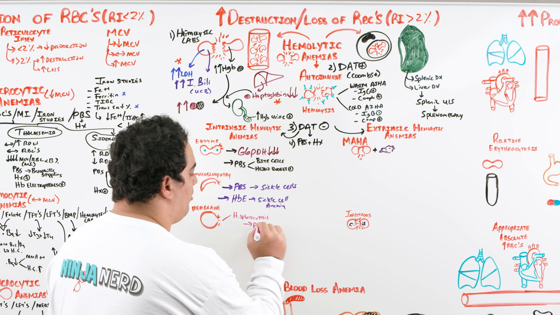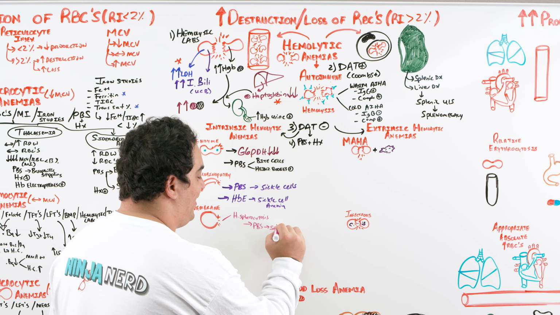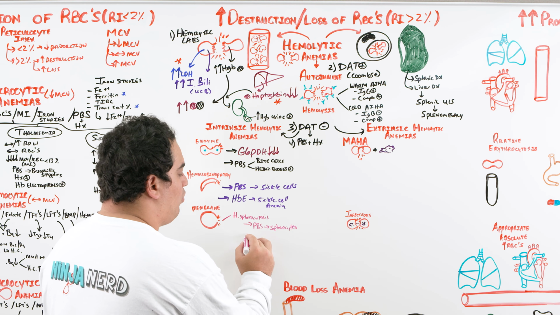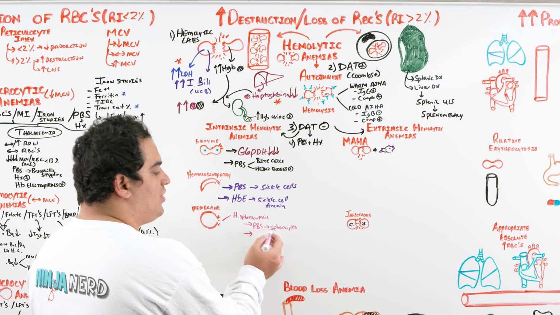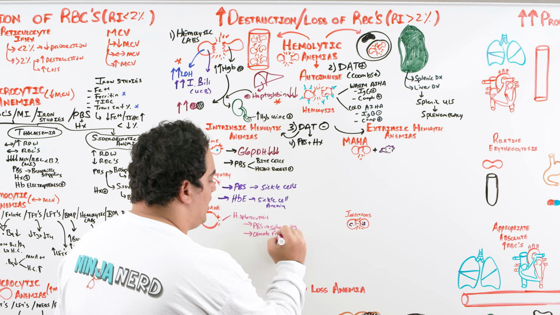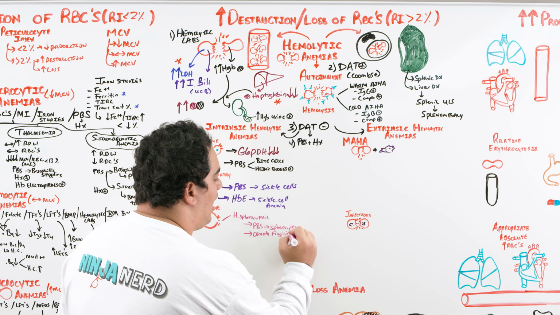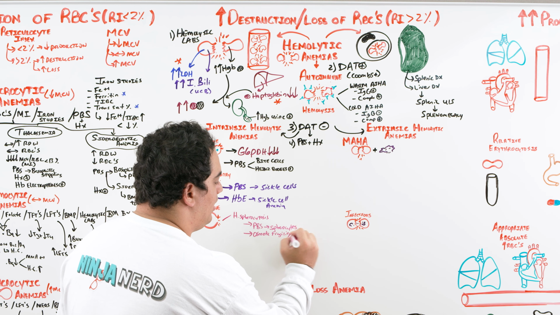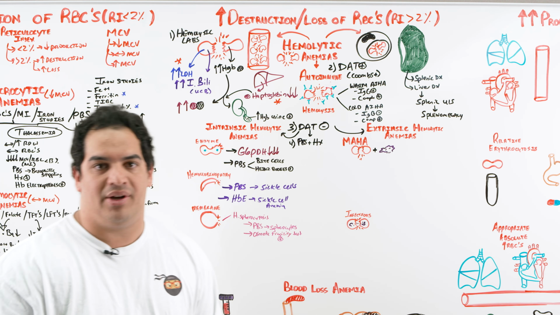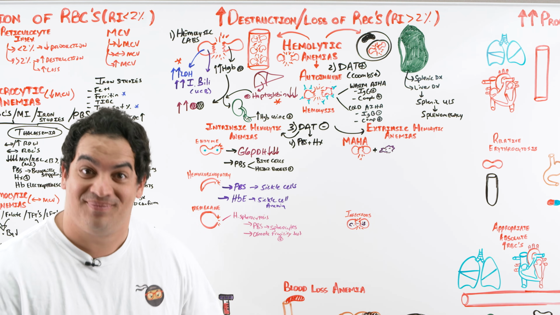But if you look at their peripheral blood smear, they will have spherocytes, a lot of these spherical shaped cells. If you're concerned, you can do something called an osmotic fragility test. And if their osmotic fragility test is positive, you have a very high degree of suspicion for hereditary spherocytosis.